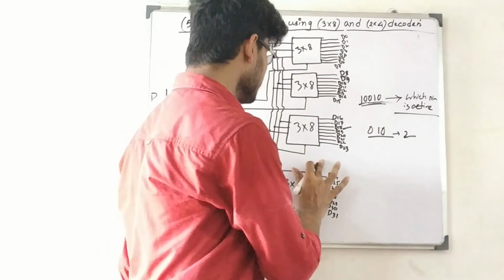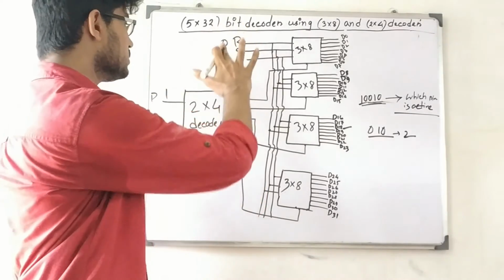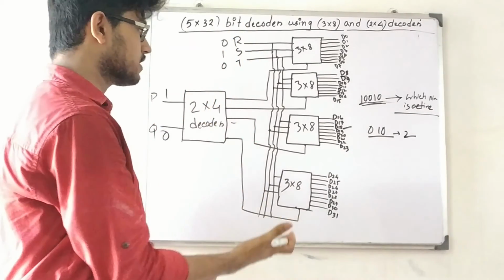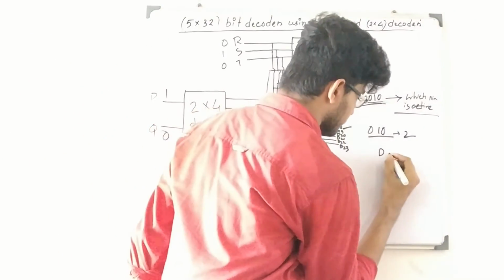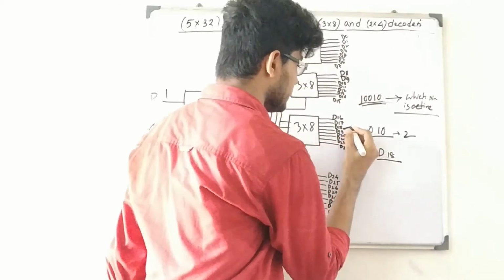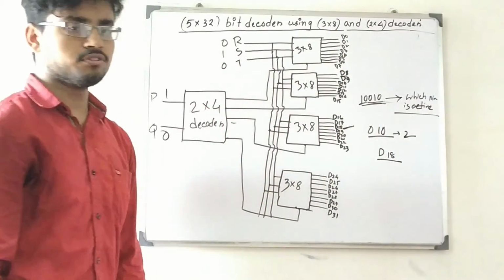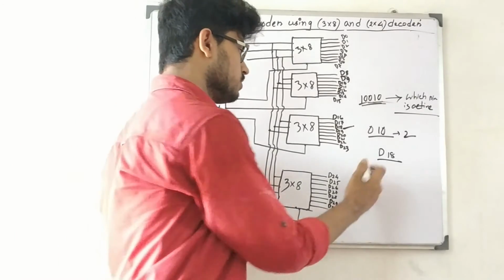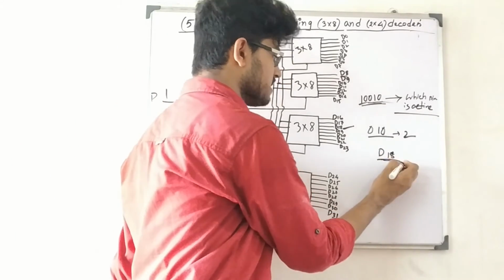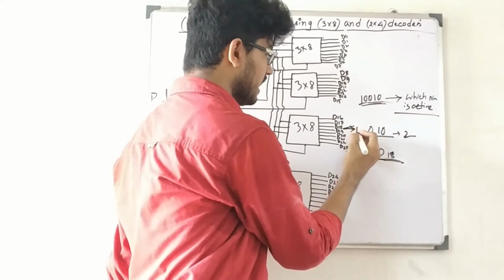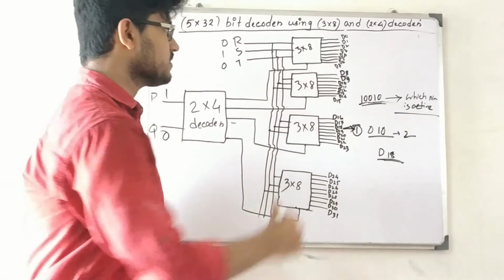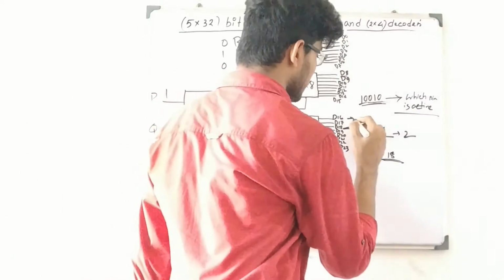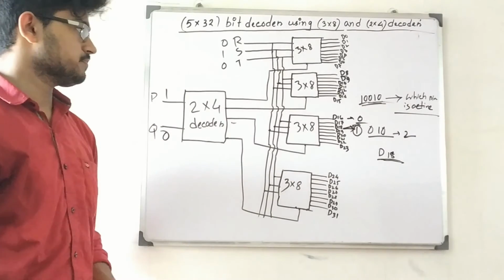So if we give 1 0 0 1 0 as input to this decoder circuit, only the D18 pin is active. We get D18 as the high pin, and the rest of the outputs are 0. Only the D18 pin gives the high output, and the rest of the outputs give the low output.